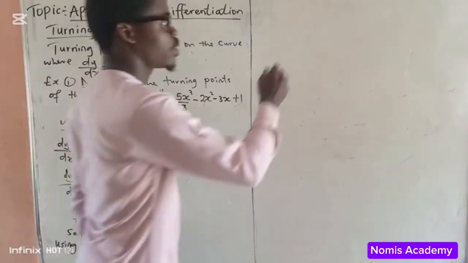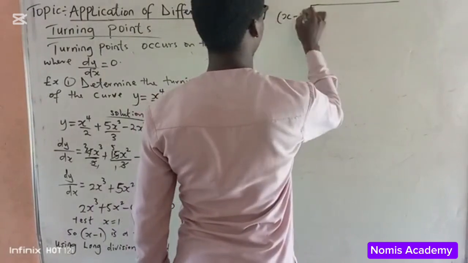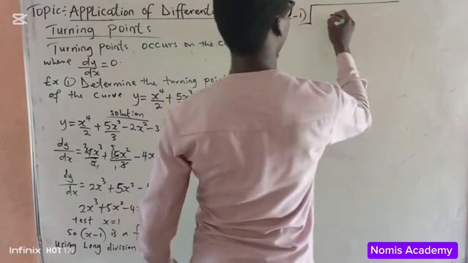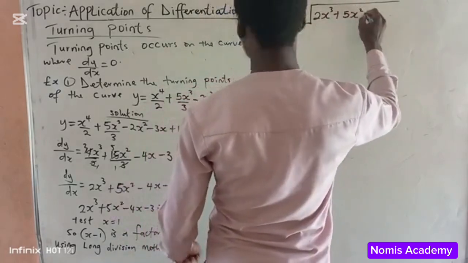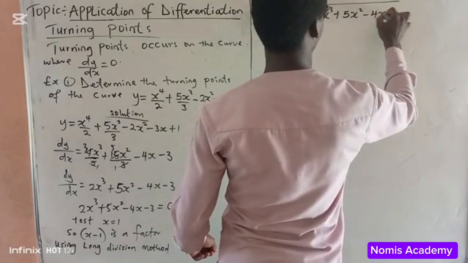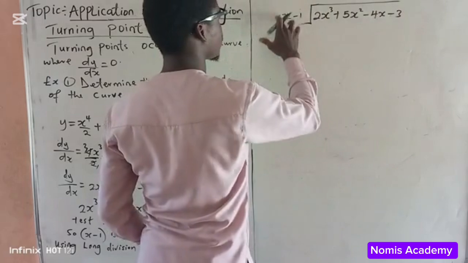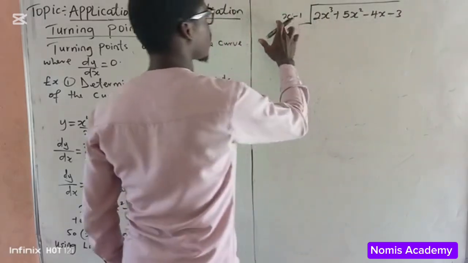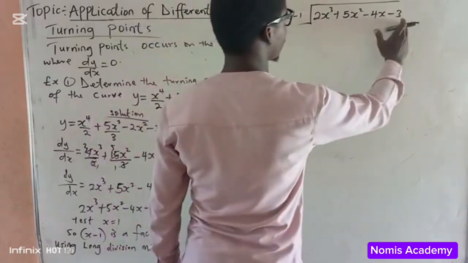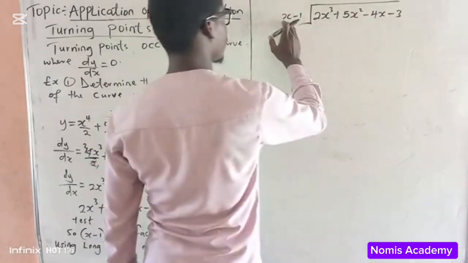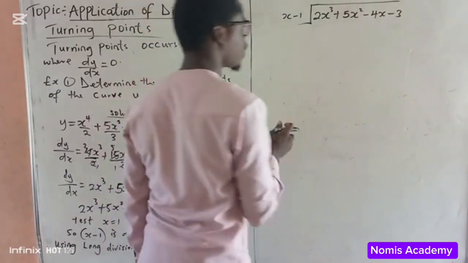Okay, so that will be, we have x minus 1 here, and then we have 2x cubed plus 5x squared minus 4x minus 3. Alright, we are going to divide this by this. So this is called the divisor, while this is called the dividend. The dividend and the divisor. So we seek to get the quotient. Okay, now let's start.